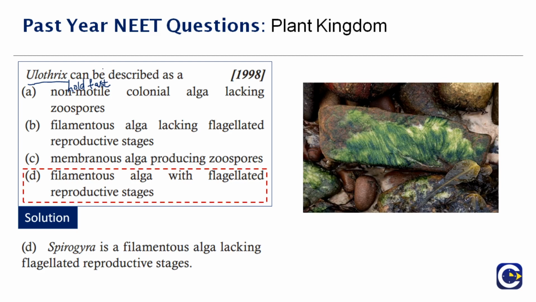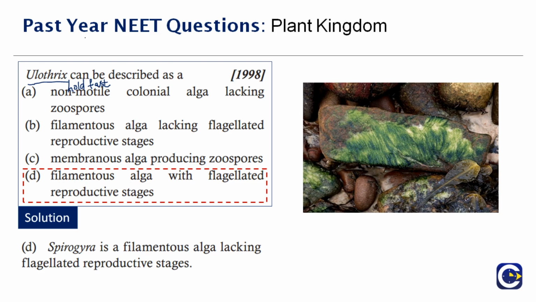Ulothrix is a filamentous alga with flagellated reproductive stage. Spirogyra will lack it, while Ulothrix will contain the flagellated reproductive stage. So you don't have to get confused here. In the solution part they have mentioned Spirogyra lacking it, so that explanation goes for Spirogyra.